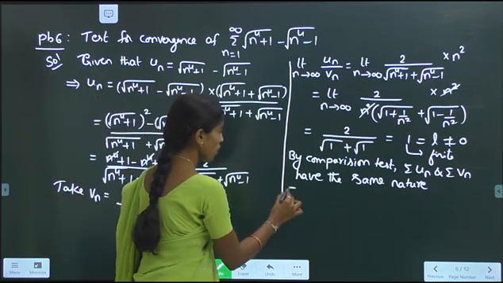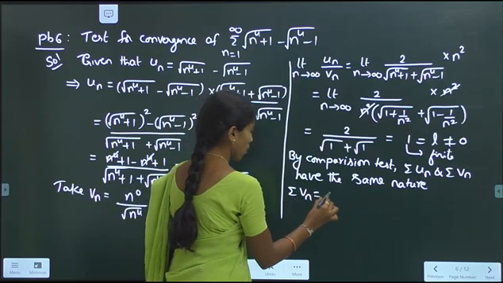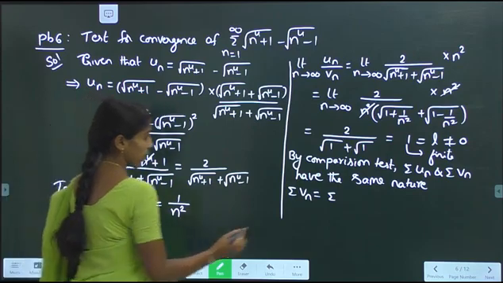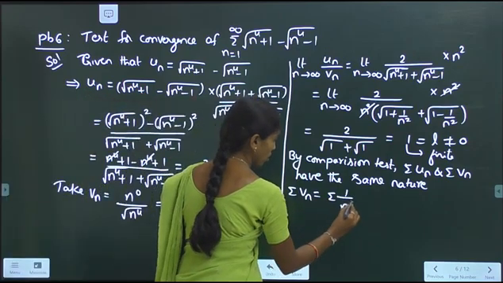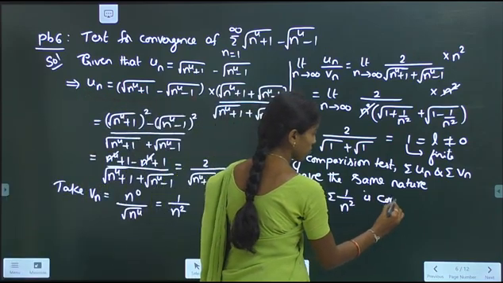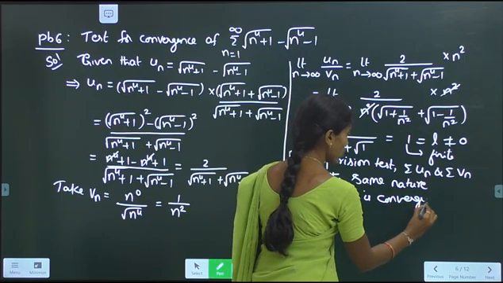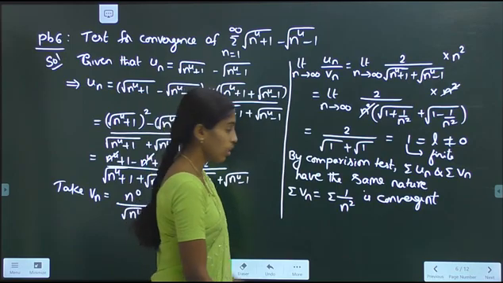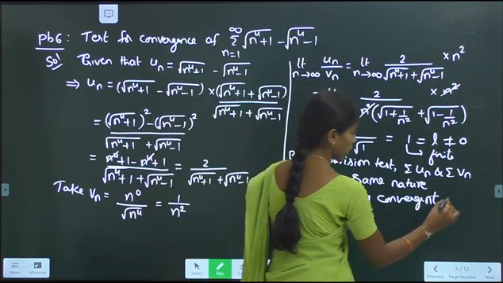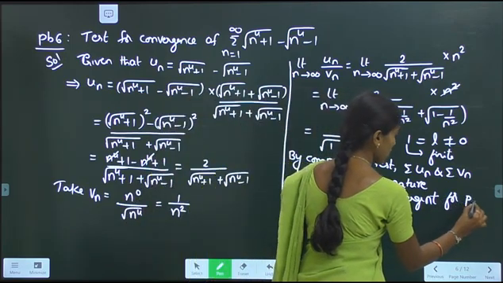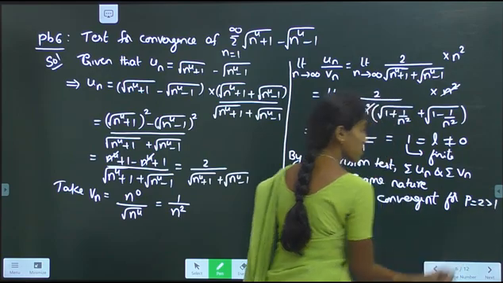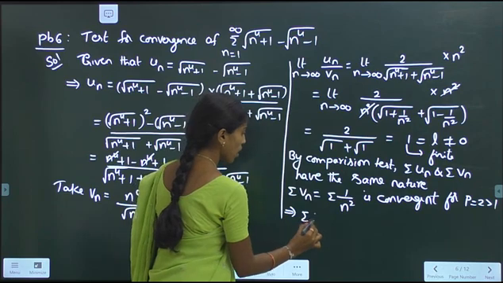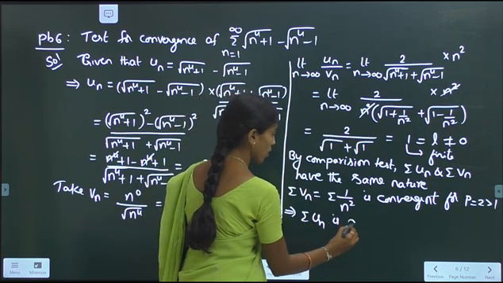Now we see sigma Vn nature. What is Vn here? Vn is nothing but 1 by n square, which is convergent. Which test are we using here? It is in the form of 1 by n power p. In the place of p, 2 is there. For p equal to 2, the value is greater than 1, which implies sigma Un is also convergent.